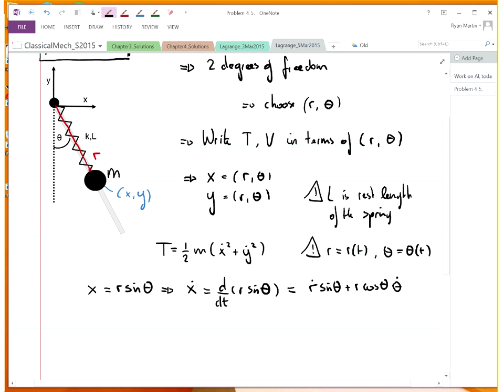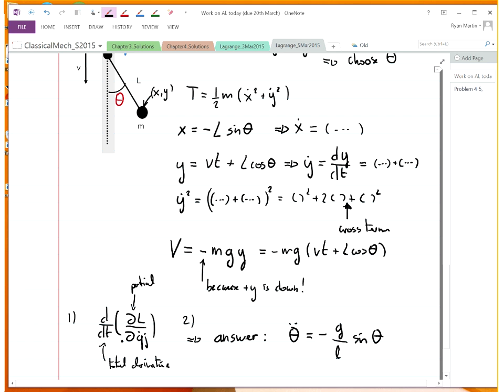That's sort of why I made the hint up here for the previous problem when you're going to do the d by dt of the dL by dq_j dot. That dL by dq_j dot had an extra term in it that when you do the d by dt, you have to take into account. Okay.